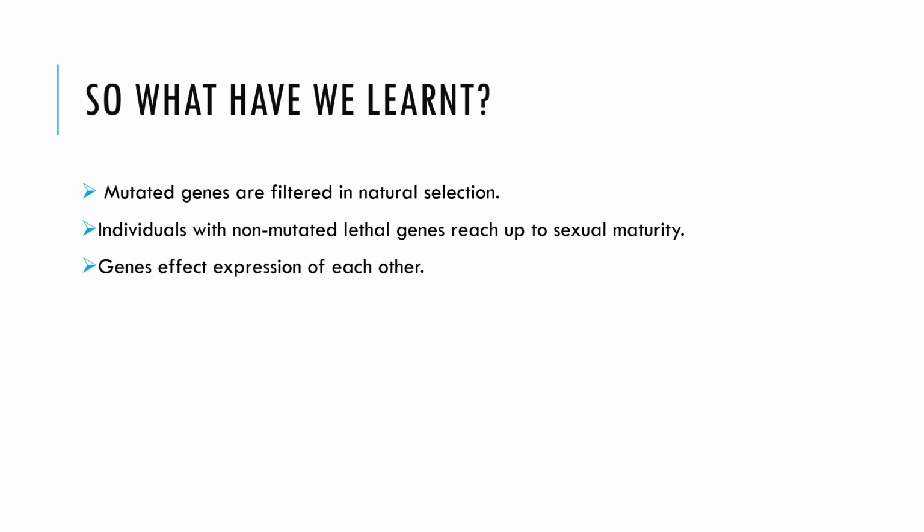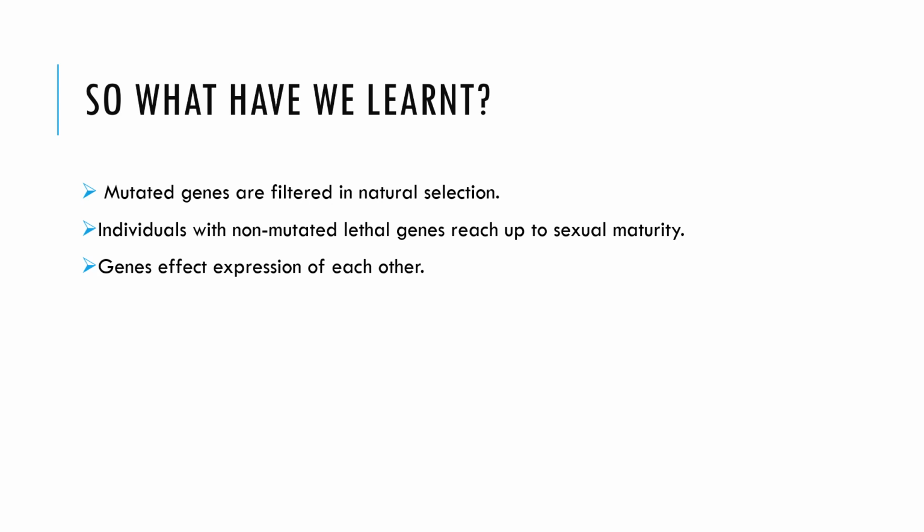And then we discussed that genes affect the expression of each other. So we have seen in case of epistasis that genes do affect the expression of each other. They have an effect on another gene as well. We are not going to that much molecular level, but one of the genes, the epistatic gene, may be responsible for a particular enzyme or a particular precursor which activates the hypostatic gene.